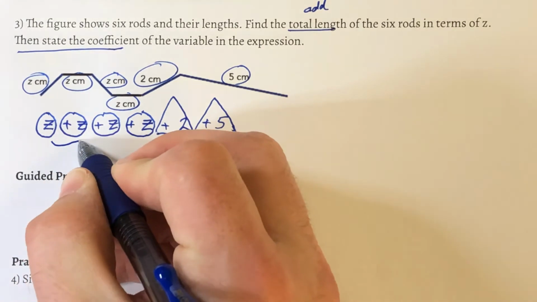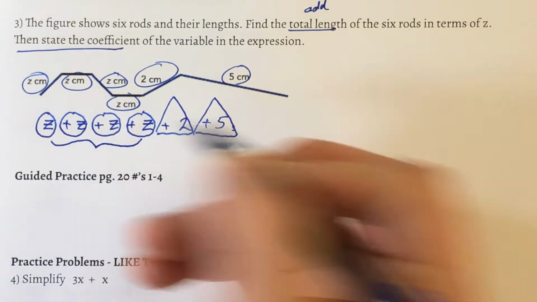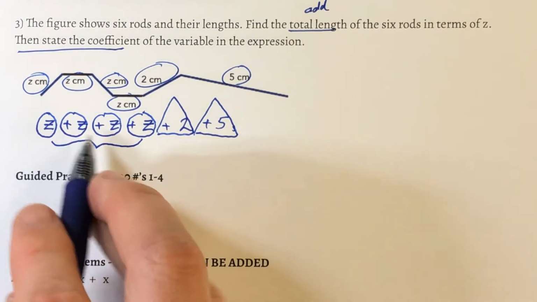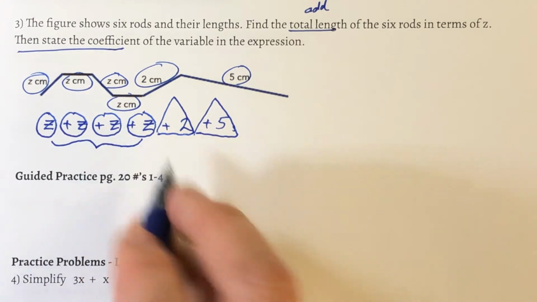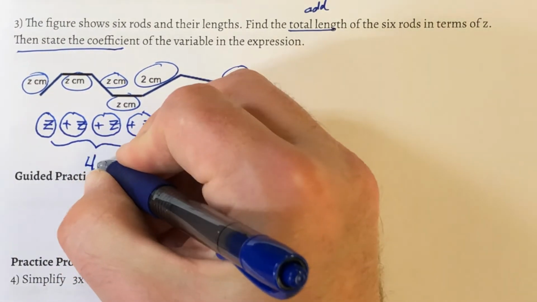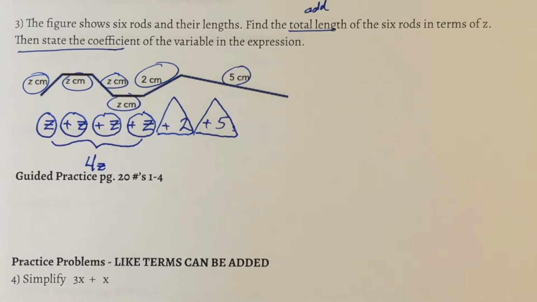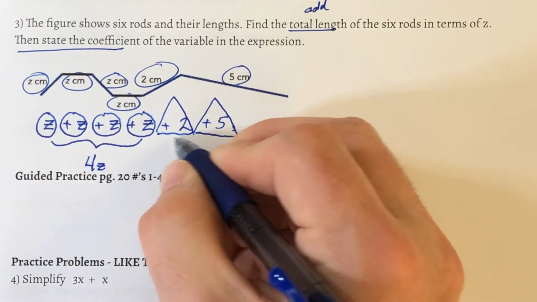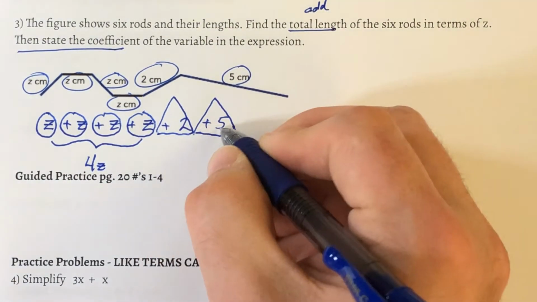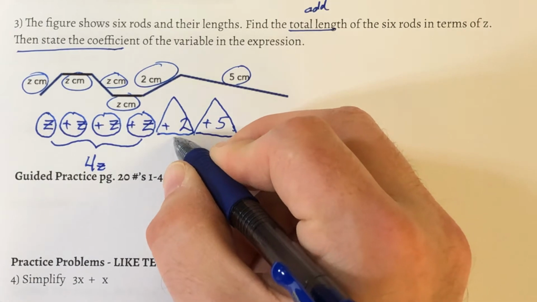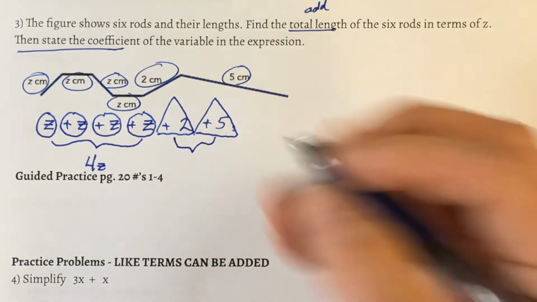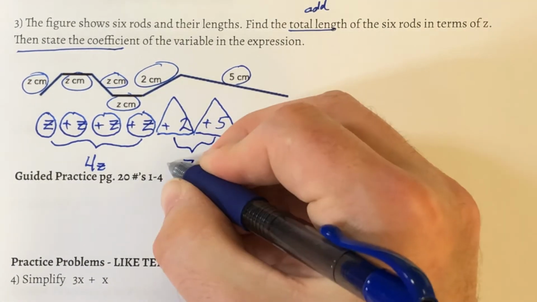So let's combine these 4. So z plus 1 more z plus 1 more z plus 1 more z. I'm going to get 4 groups of z. Now combine your triangle terms, positive 2 and positive 5. We get positive 7.